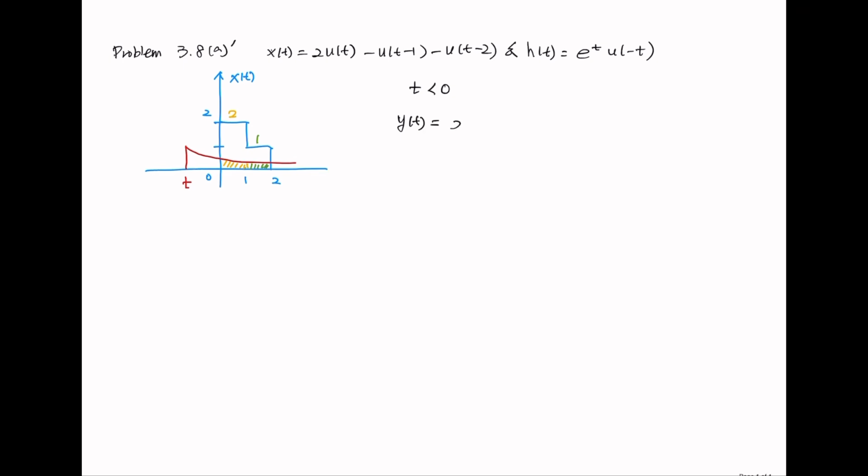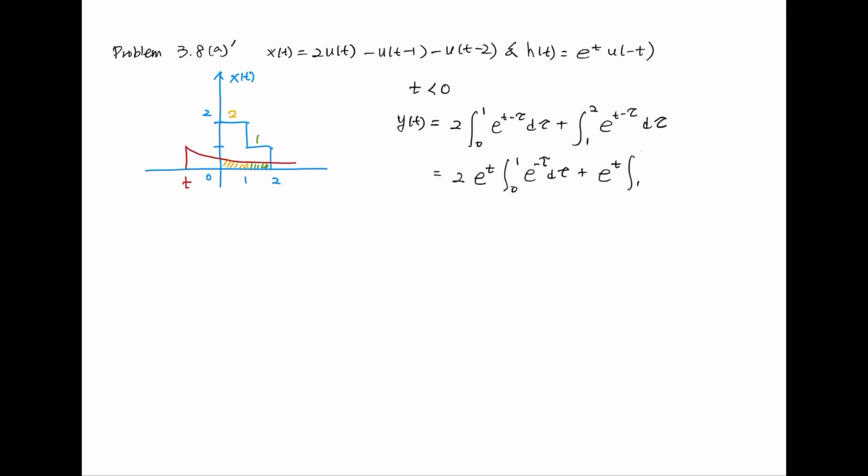Therefore, y of t equals 2 integral 0 to 1 e to the t minus tau d tau plus integral 1 to 2, 1 times e to the t minus tau d tau, and that equals 2 times e to the t, because t is not our variable, tau is our variable, times integral 0 to 1 e to the negative tau d tau.